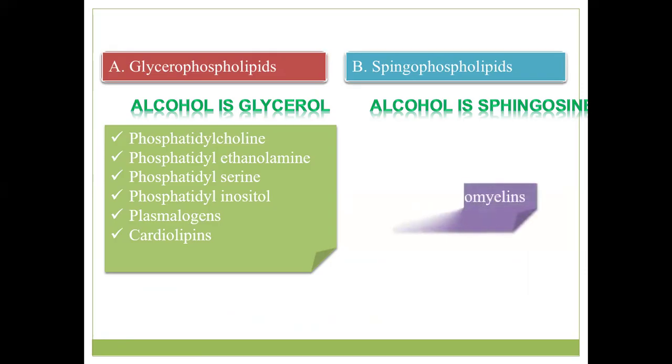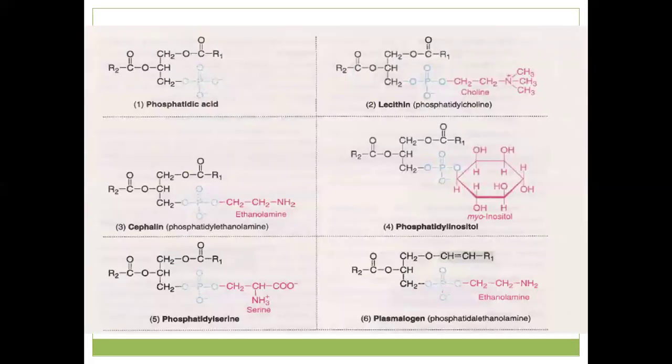While in the case of sphingolipids or sphingophospholipids, we have sphingomyelin, which we also discussed while talking about the membrane lipids. Earlier in the morning, I also explained the structure.